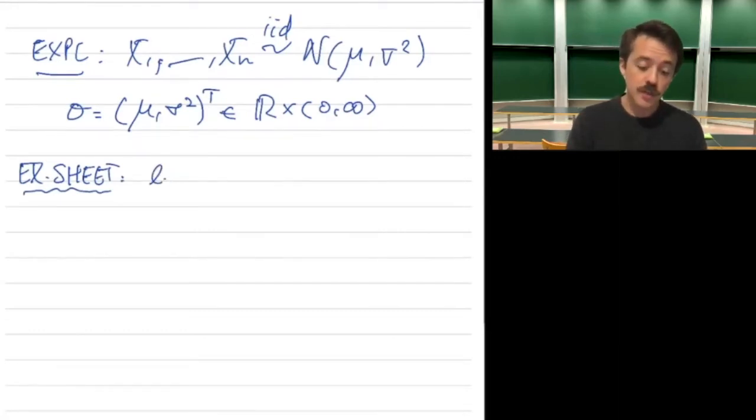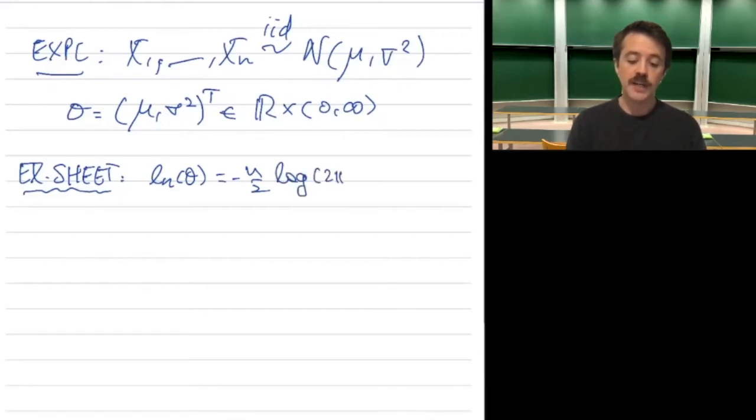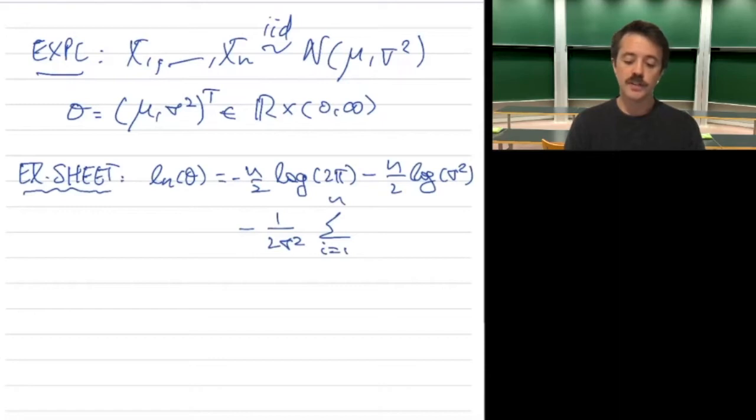Just to help you out with the beginning, you should make sure that you understand why the log likelihood is going to be given by n/2 of the log of 2 pi, minus n/2 of the log of sigma squared, and then minus 1/(2 sigma squared) times the sum over the data points of (xi minus mu) squared.